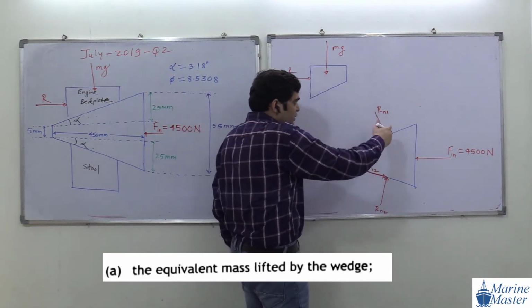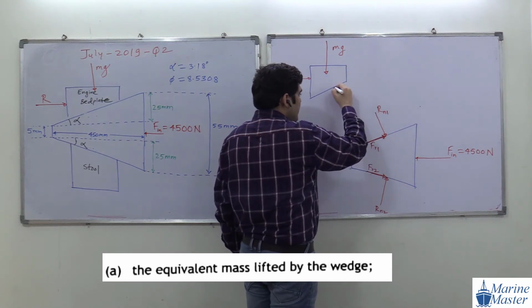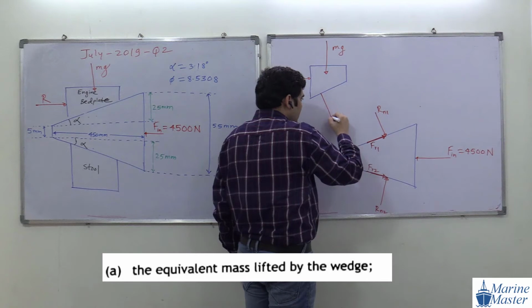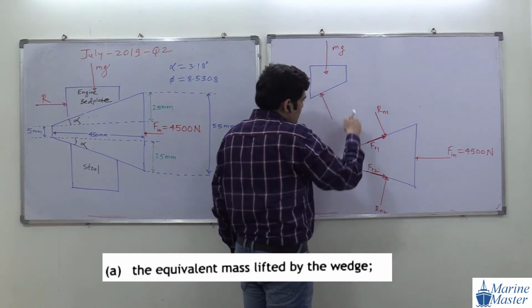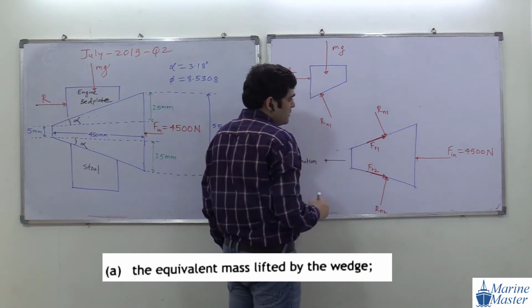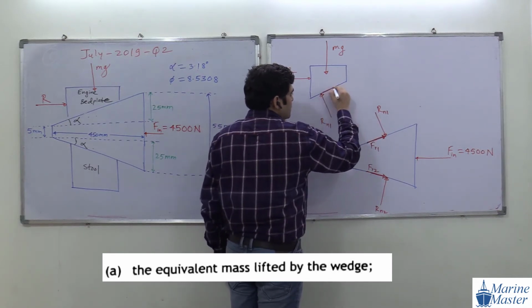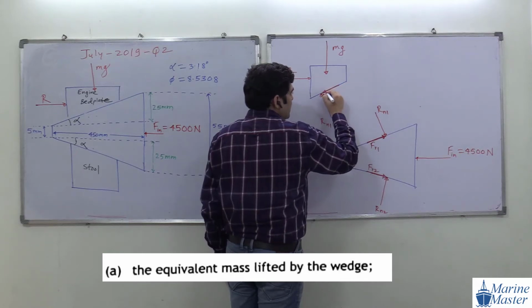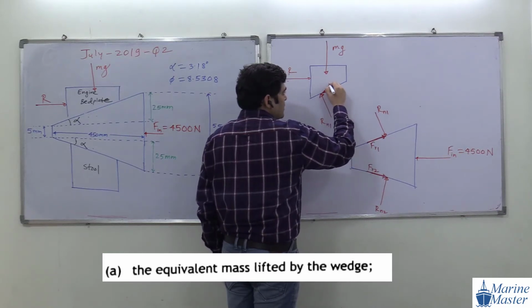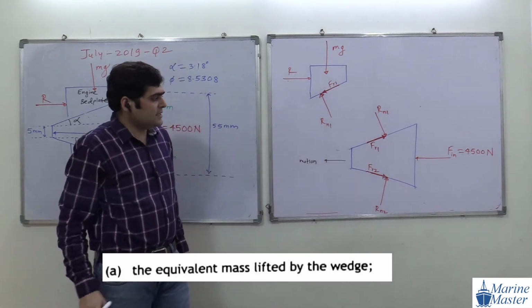So the action on the opposite side will be the reaction. So if Rn1 is this one, the same will be on this one also, Rn1. Friction force on this side will be like this. So this one will be Fr1. Any doubt in this drawing, guys? See the scenario here.